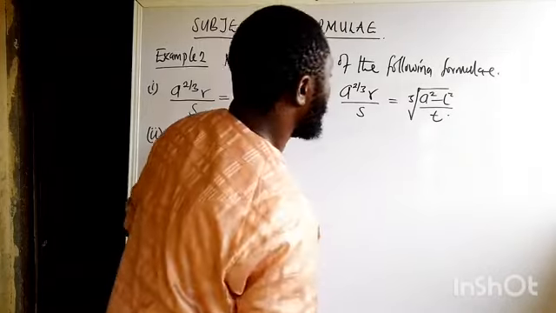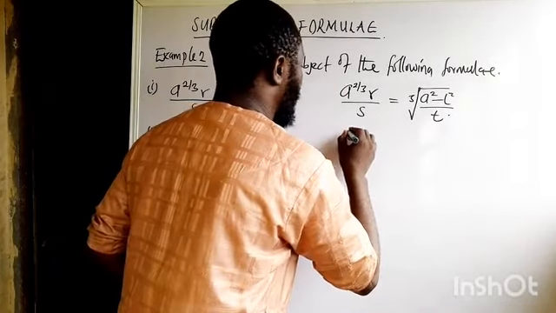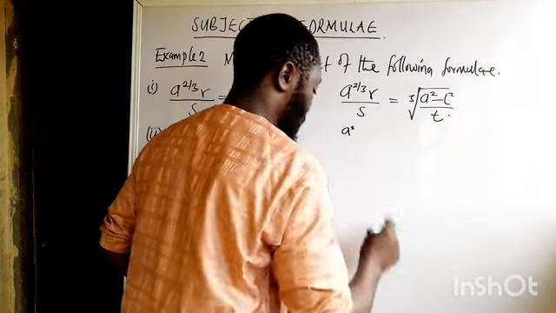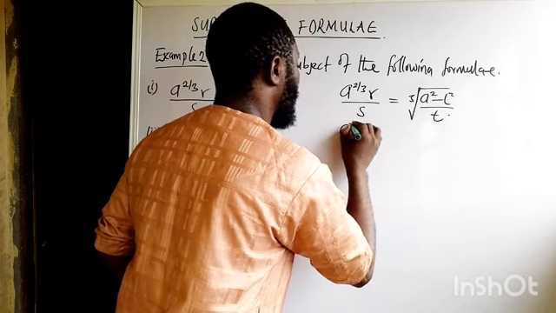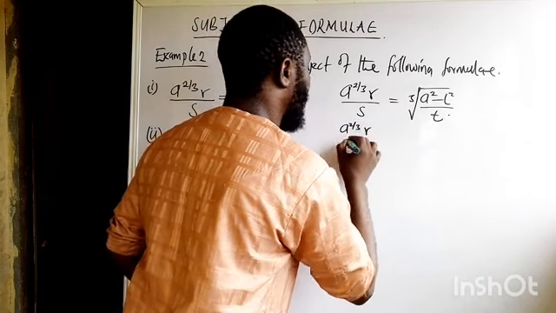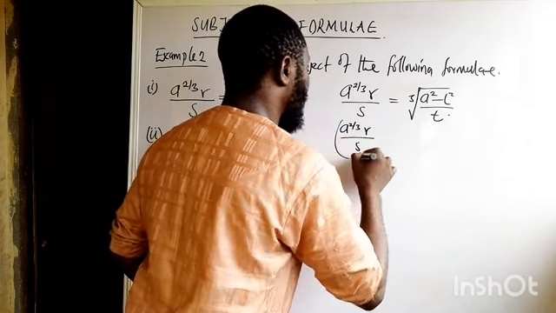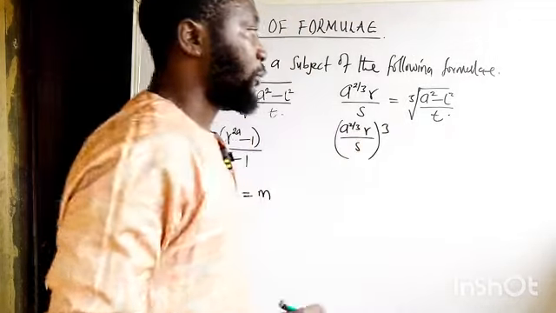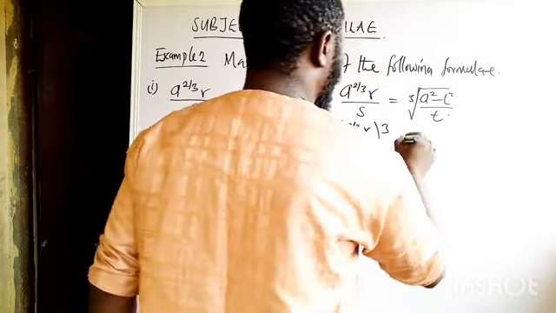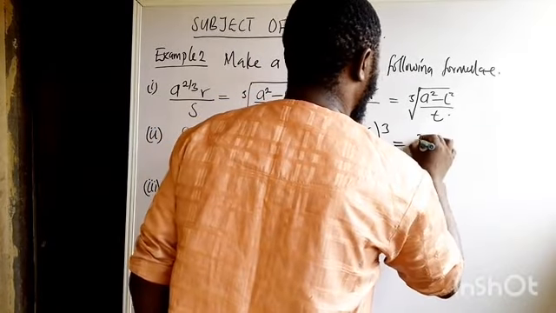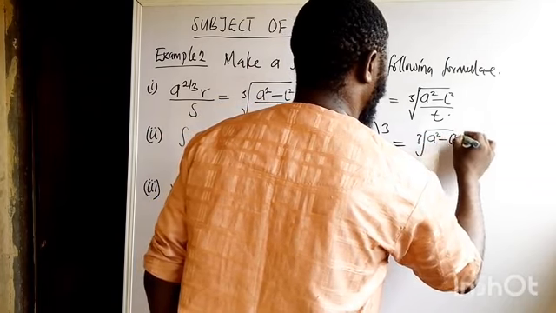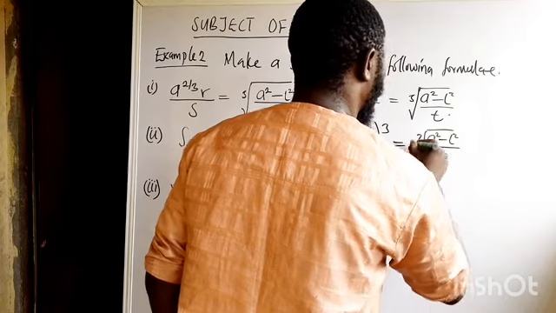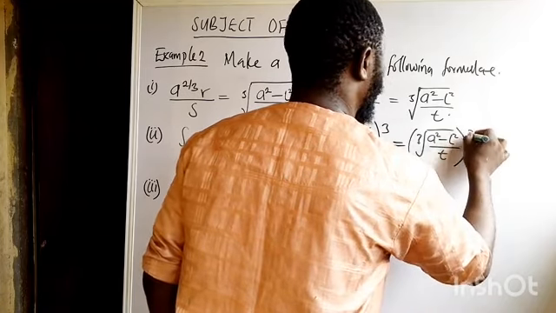So now let's take each side, a to the power of 2 over 3 r divided by s, raise it to the power of 3 because we want to remove this cube root, equals cube root of a square minus l square divided by t, everything to the power of 3.